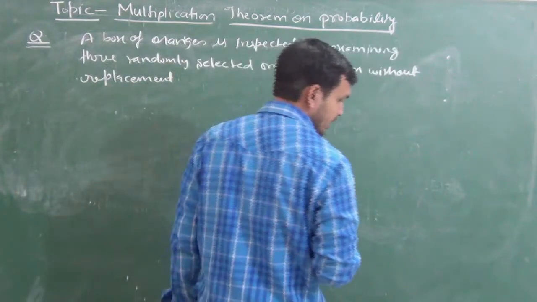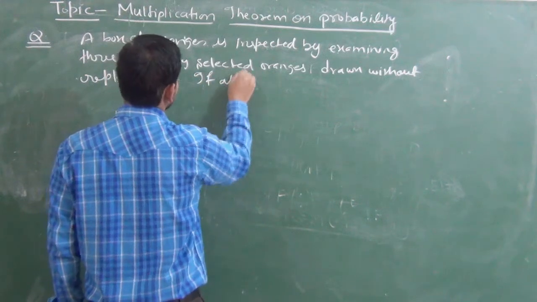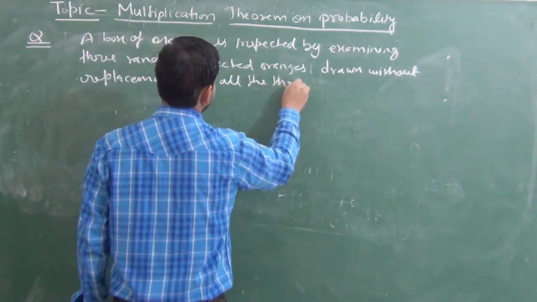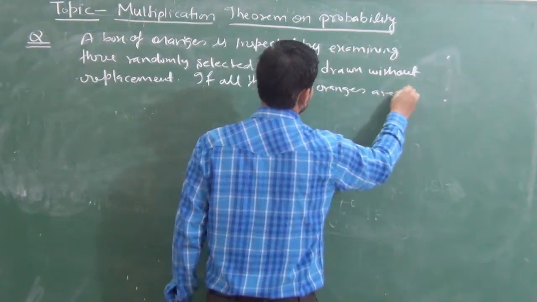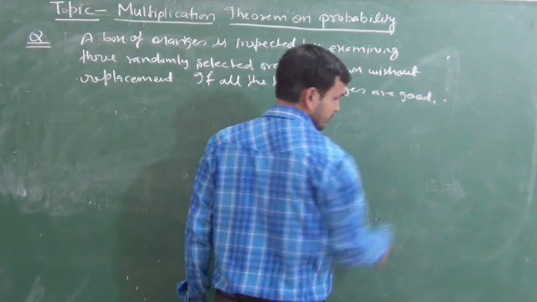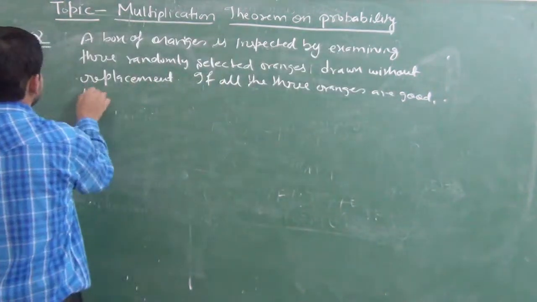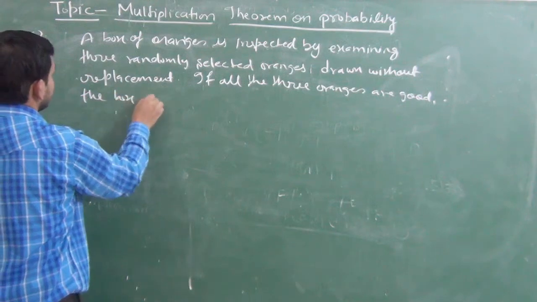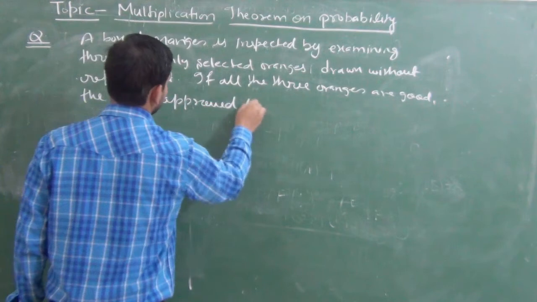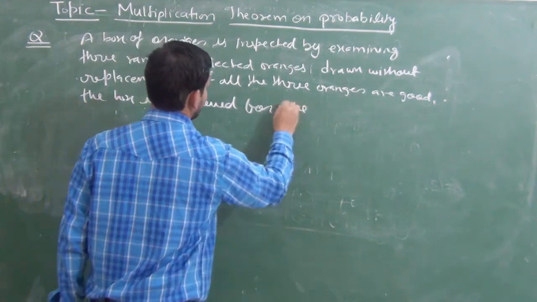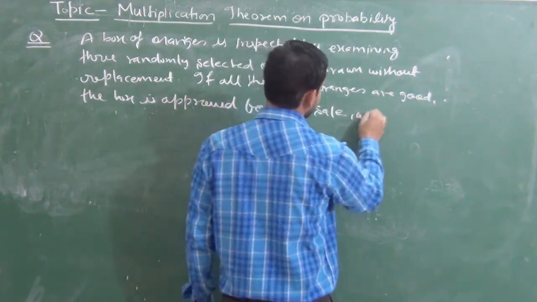If all the 3 oranges are good, the box is approved for the sale. Otherwise rejected.